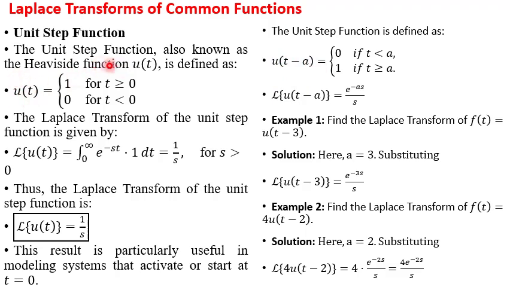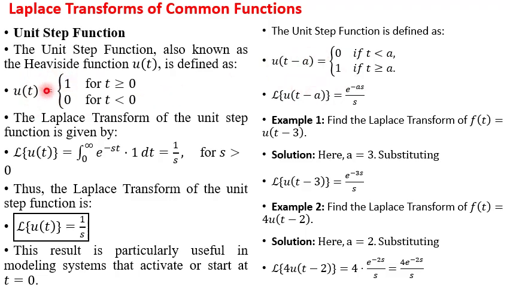In the standard form, a equals 0, whereas in the shifted form, a is greater than 0. Some other things you need to know about both the standard unit step function and the shifted unit step function is the definition. This is the definition of the standard unit step function, and this is the definition of the shifted unit step function.